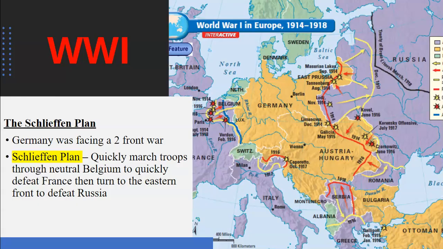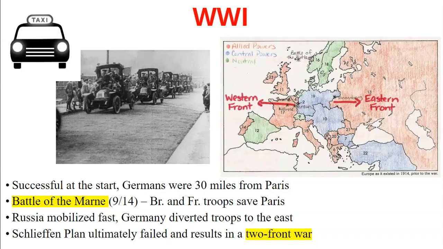So now we have what is known as the Schlieffen Plan, which I'm totally butchering. Germany is going to face a two-front war. The Schlieffen Plan was named after the chief of the German General Staff. This was an attack on France once Russia had mobilized her forces on the German border. This is actually going to lead to Britain declaring war on Germany on August 4th, 1914.